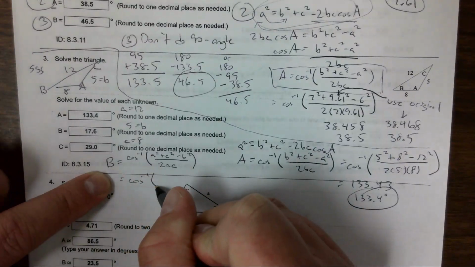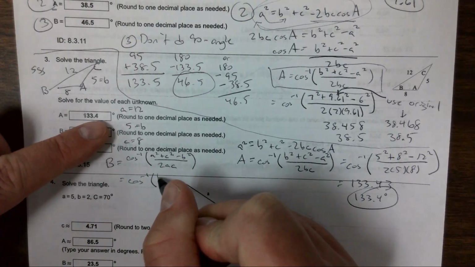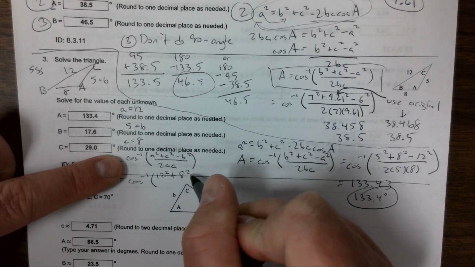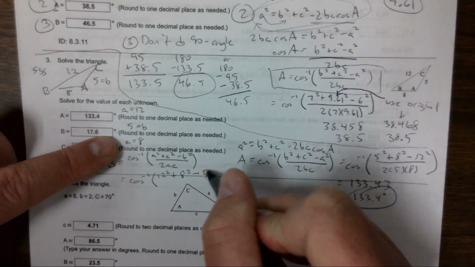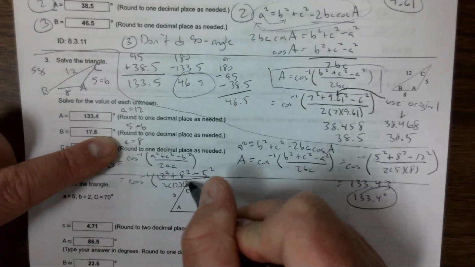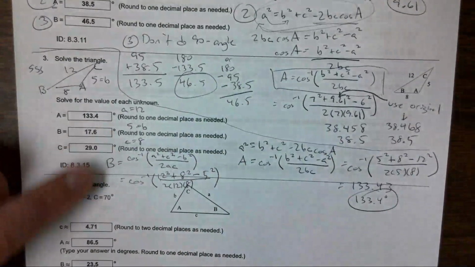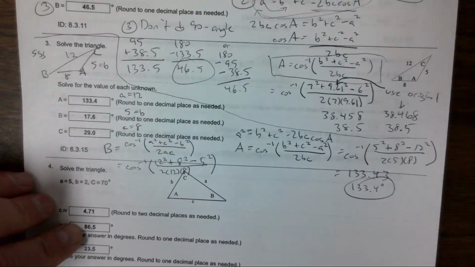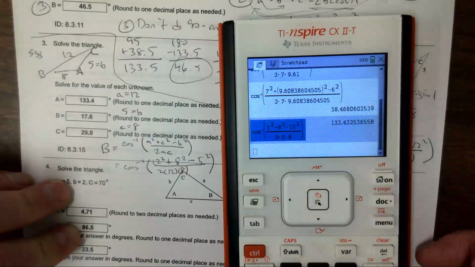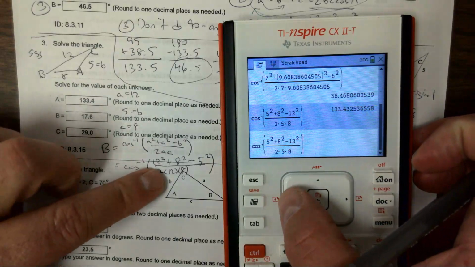Cos -1 of 12 squared plus 8 squared minus 5 squared over 2 times 12 times 8. So I'm just going to press up twice and then change my numbers.